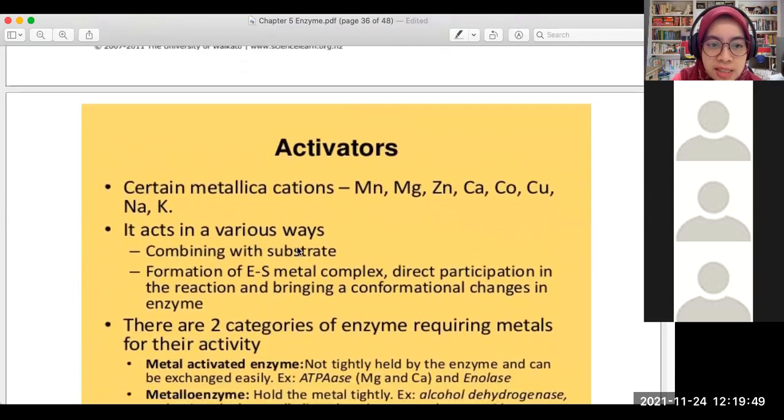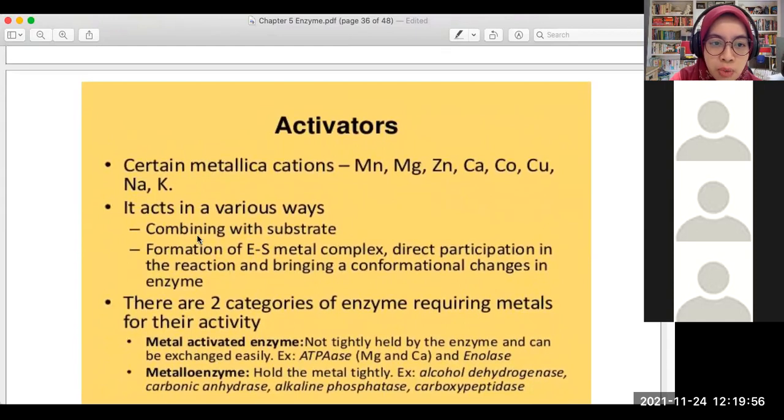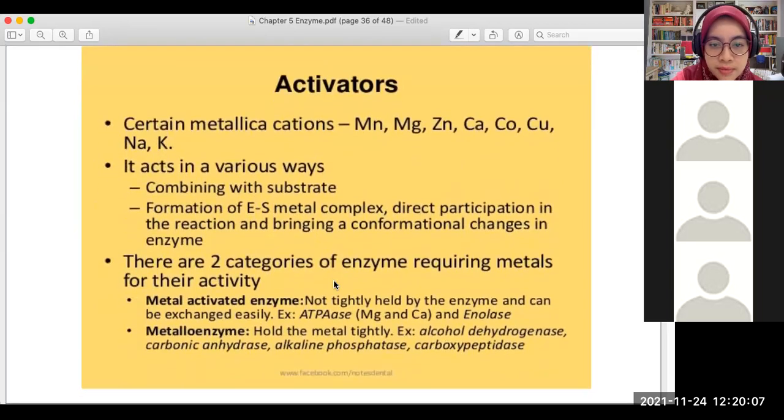These activators depend on the enzymes themselves and act in various ways. For example, they can combine with the substrate, or they can directly bind to the enzyme-substrate complex.